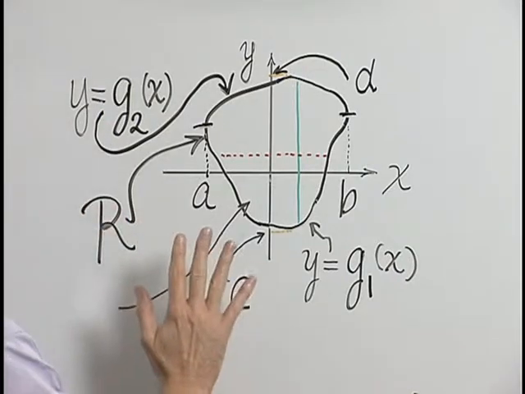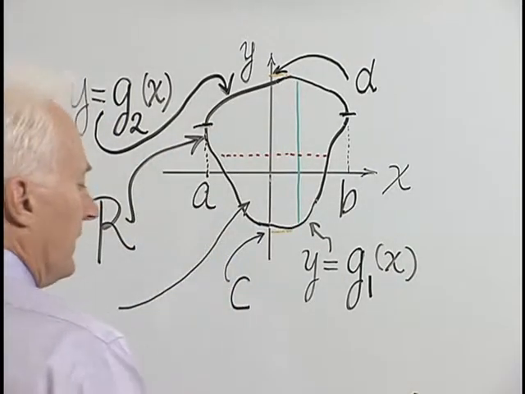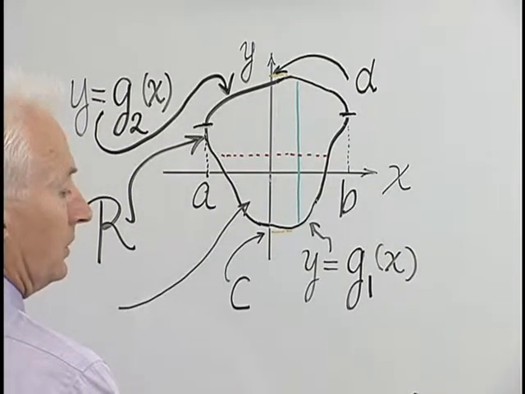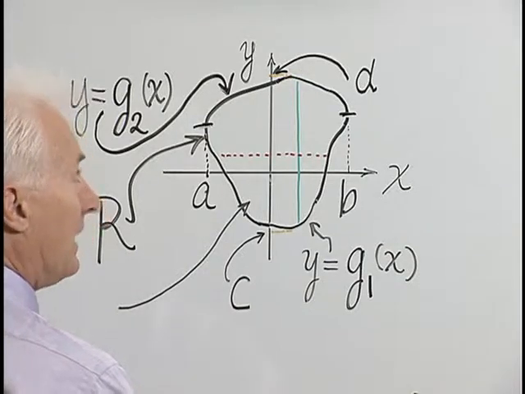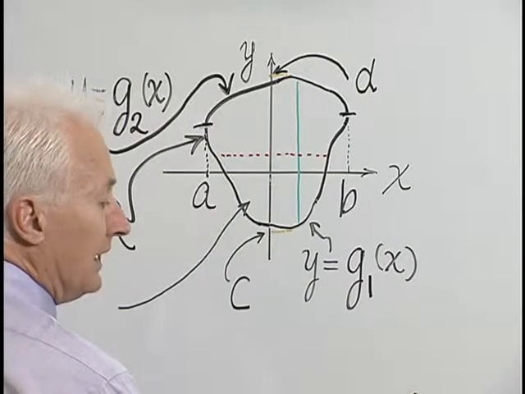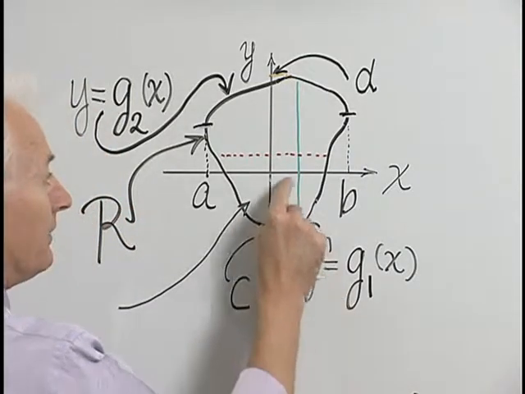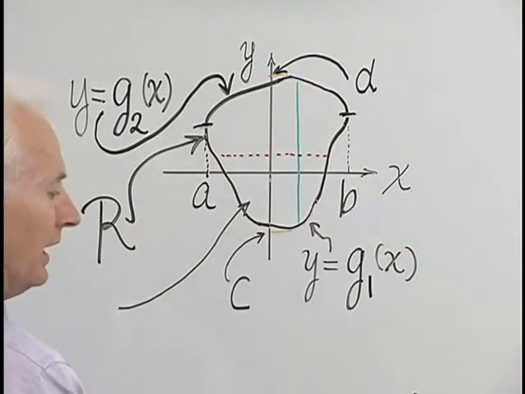And so consequently we can turn the process around. So in this case, you see, for each fixed value of x, we're now going to integrate in the y direction. And what's the range of values of y? For a fixed x, it goes from g1 of x up to g2 of x.